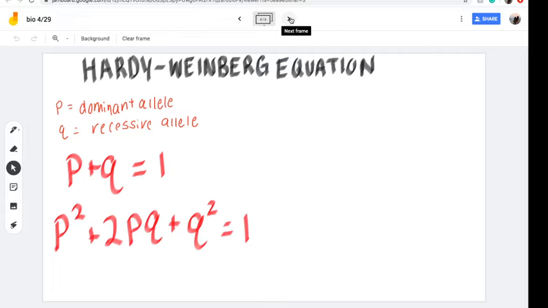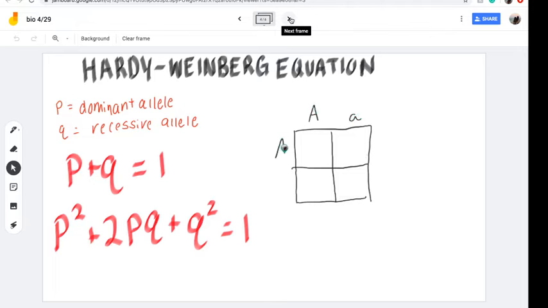I'll show you why in a second. Let's draw a monohybrid cross, and we can say that it has alleles of this and that. They're both heterozygous, and let's cross them.